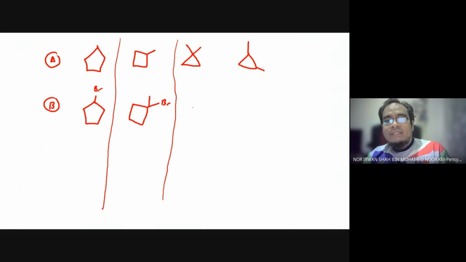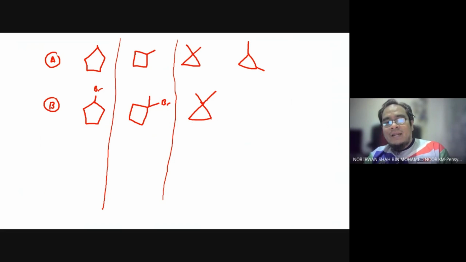Okey, seterusnya guys. Ini pula, kalau kita buat halogenation, Br akan gantikan H dekat mana? Ini primary carbon, ini primary carbon, ini quaternary carbon, so tak boleh nak ganti H dekat sini kan, dah tak ada H. Ini secondary, ini pun secondary.